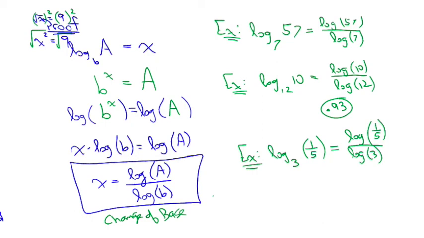And the answer is negative 1.46. And the reason it's negative is that to change a base of 3 into something fractionally smaller than it, you have to go into the negative land.